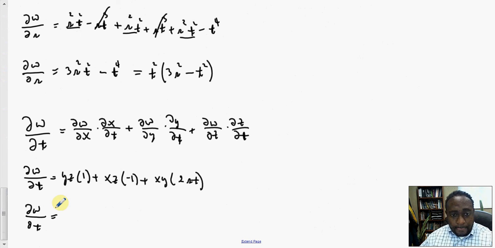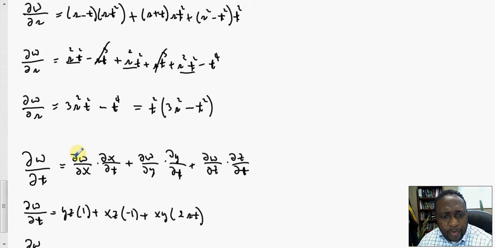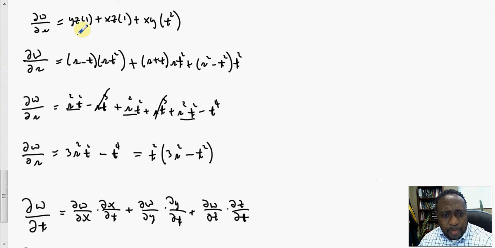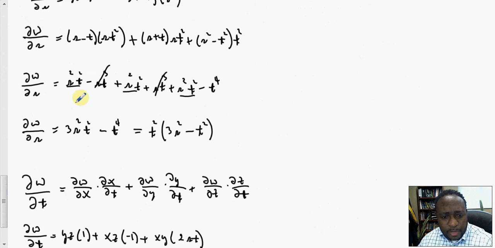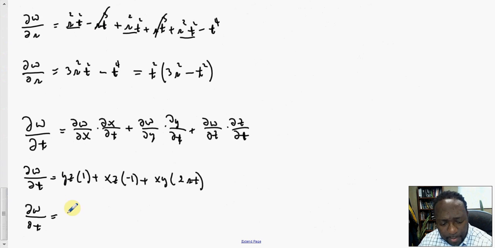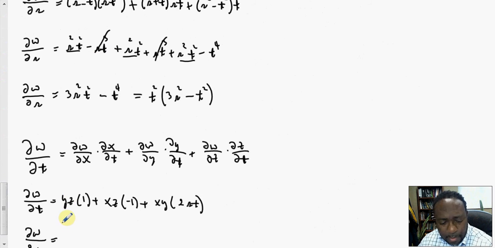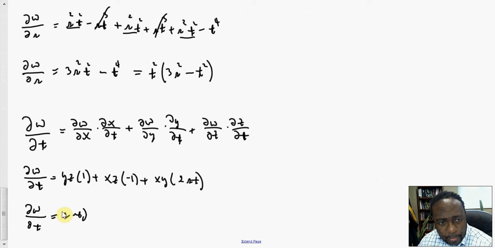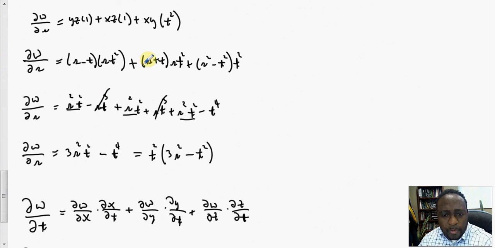So we have the yz, which should follow from here. That's the same expression, so that was s minus t times st squared. Then it's a minus instead of a plus from the previous one.